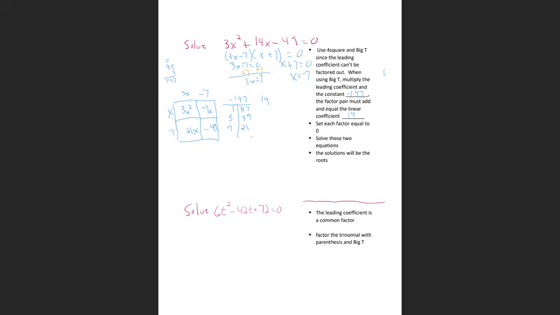So if we divide by 3 and divide by 3, we see then x equals 7/3. So my solutions would be then the 7/3 since it doesn't reduce, and negative 7. So again, a quadratic can't have more than 2 solutions, and we found those 2.